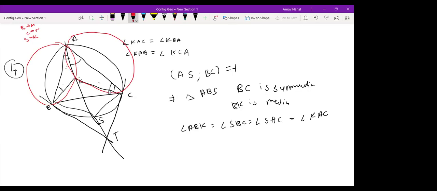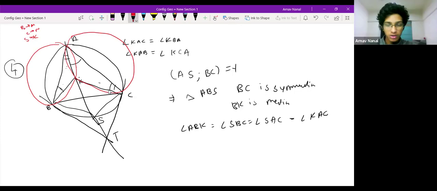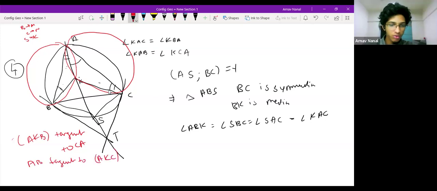Okay, so if you construct these circles, you get that CA is tangent to AKB, and AB tangent to AKC. Does everyone follow why this is true?